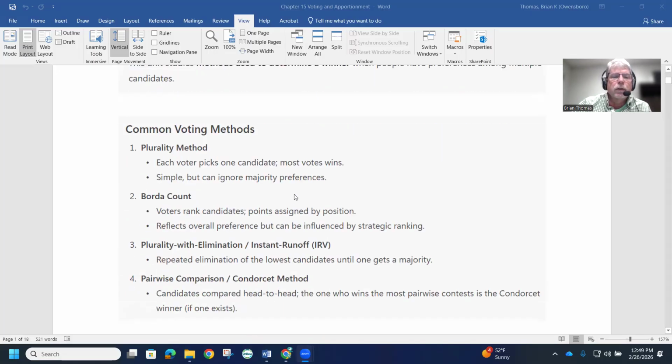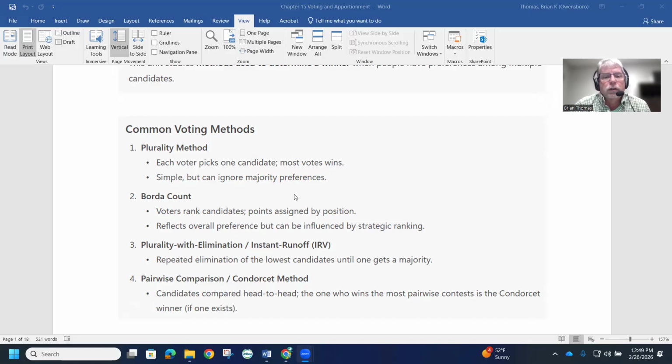Now, the simplest way is what we call the plurality method. If you have a bunch of candidates running for office, you vote for those candidates, and again, it can be for anything. It could be for student council.